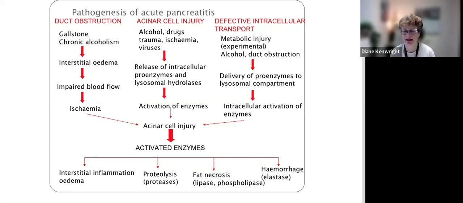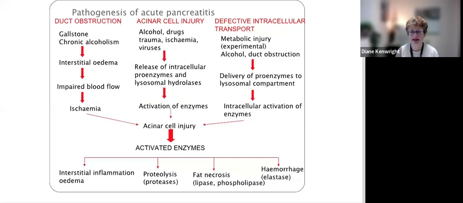I'm presuming you've come back now. You've got to start with the landscape. Acute pancreatitis is caused when there is damage to the pancreas. Number two, it can happen in 3 different ways, the red things at the top.